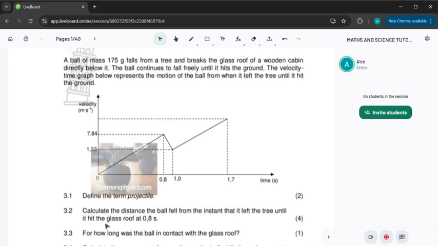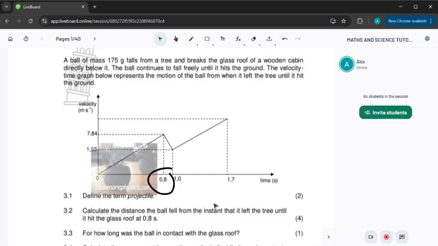Then 3.2 says calculate the distance the ball fell from the instant that it left the tree until it hit the glass roof at 0.8 seconds. So it's very important to collect the data. At 0.8 seconds, what is our initial velocity?